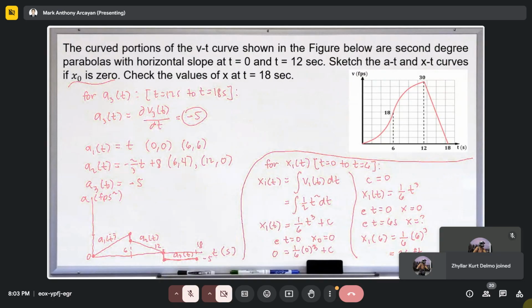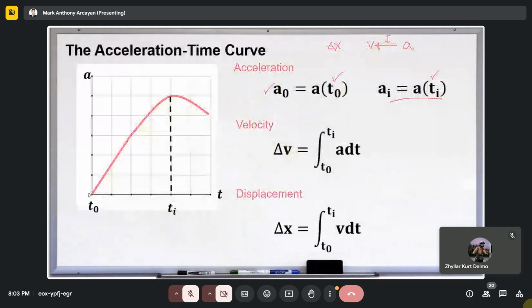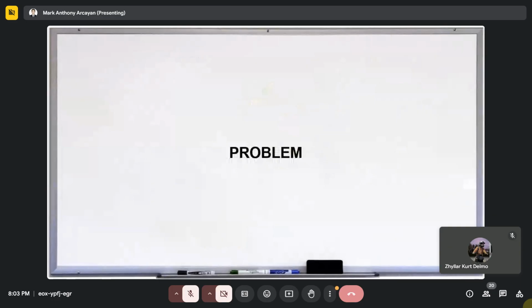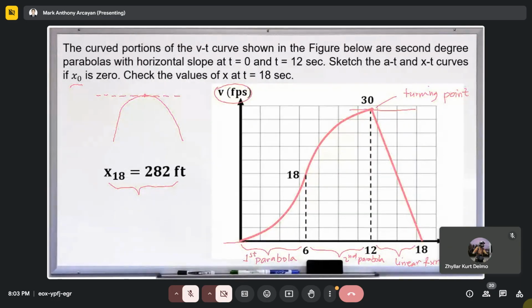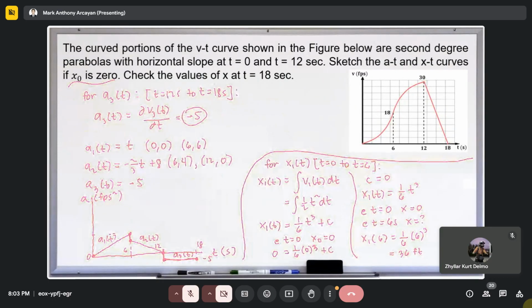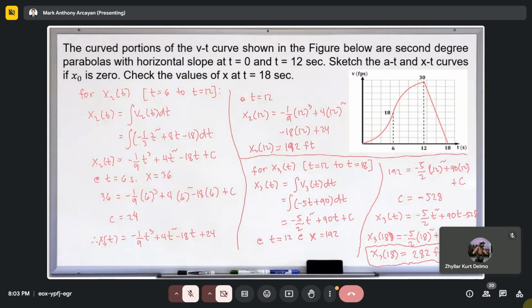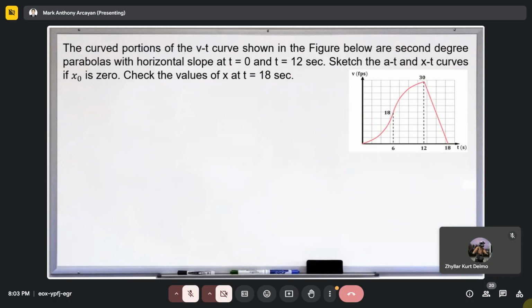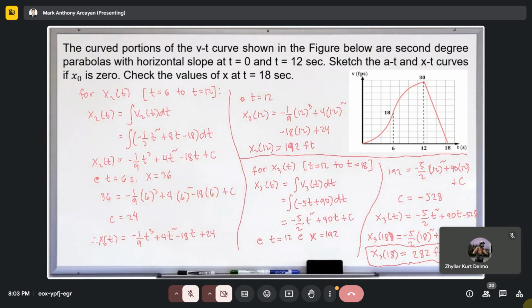Let's go back to the previous slide, the initial slide of the problem. The x at 18 is 282. We're correct, but we need to generate first the displacement-time curve.